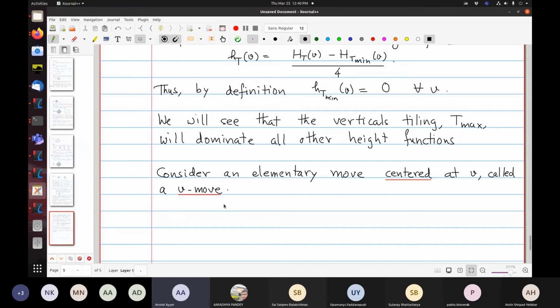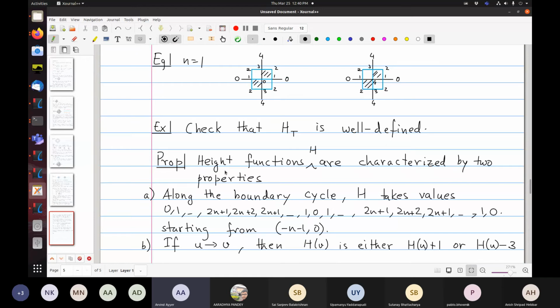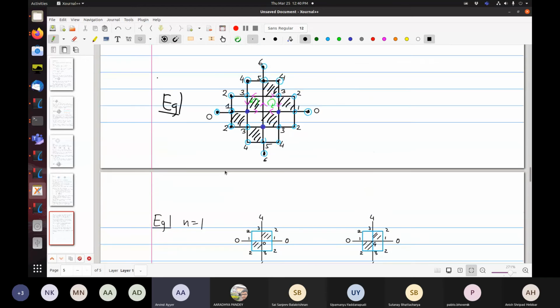Okay. So let's see what happens to the height functions. There are two possibilities. I'll do one. For example, maybe I can copy something from above.